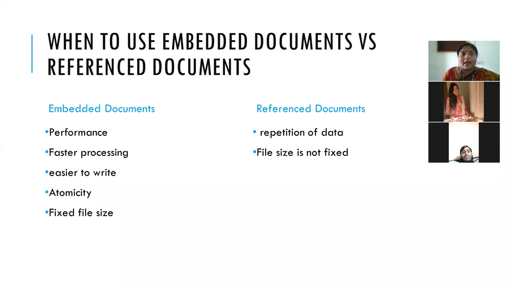And whenever we want to have the atomicity and fixed file size, this is very much important. When your file size is fixed and you cannot segregate these documents, in that case you can go with embedded document.